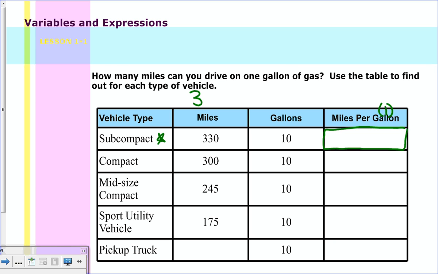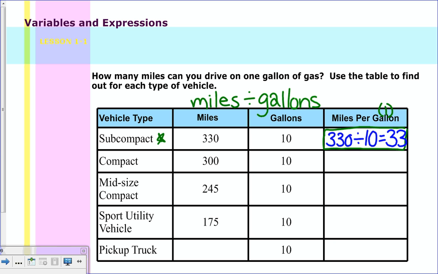So what we're going to end up doing here is dividing the miles by the number of gallons each vehicle goes, because that will leave us just with that one part. So if I do that down here, I have 330 divided by 10, and I get 33. So the subcompact can go 33 miles on 1 gallon of gas.